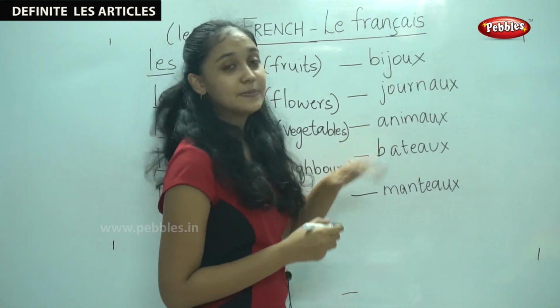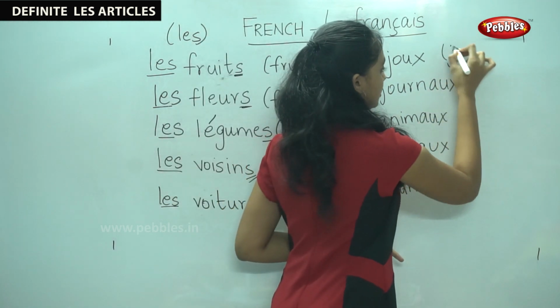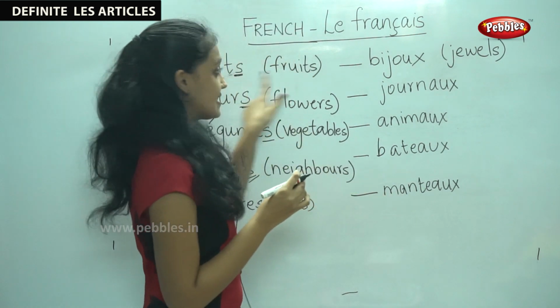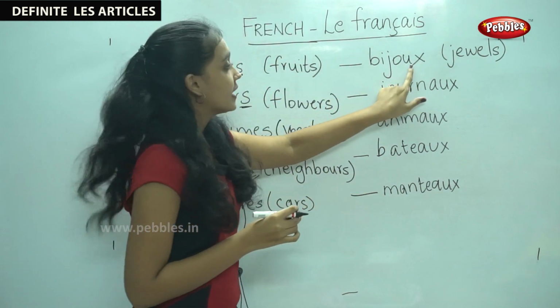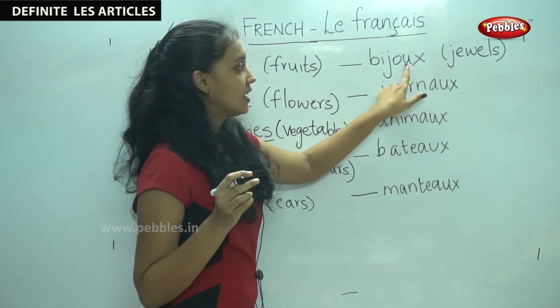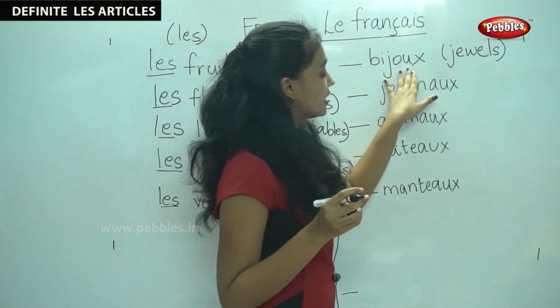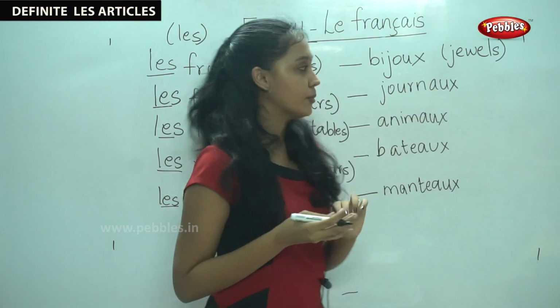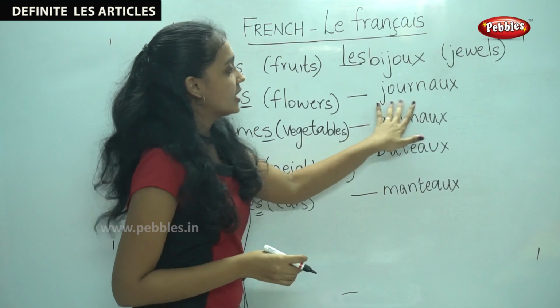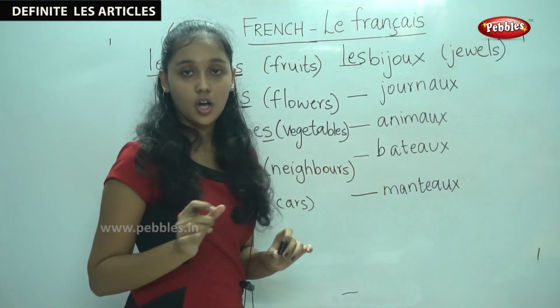Bijou. This means jewel. Notice that there is no S at the end. However, there are some words which end with AL or something similar. They take UX in the plural form. So, les bijoux. Here this word is journaux.